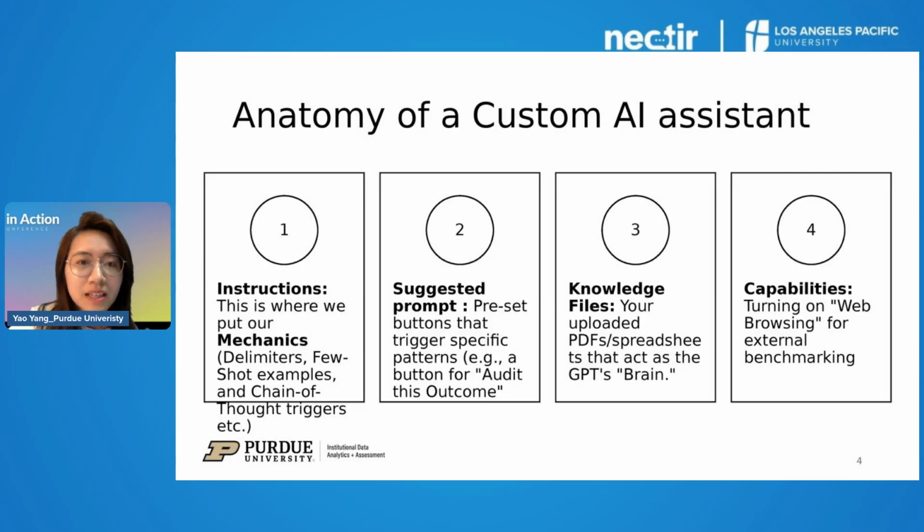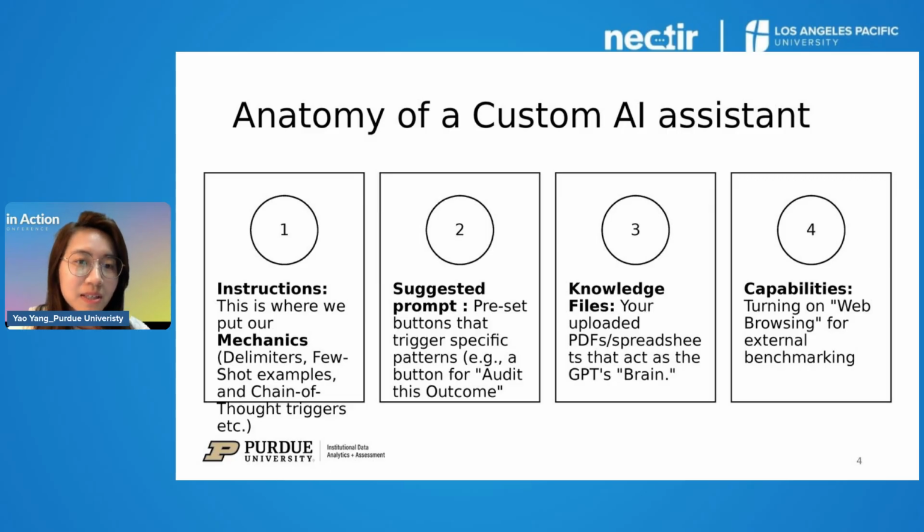So in Copilot, if we want to build any AI assistant, there are 4 components. The first is instruction. This is where we define the core mechanics, such as how the AI should process information, like some examples or structured reasoning patterns.